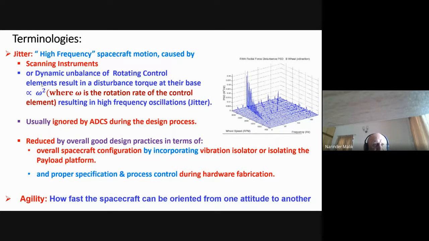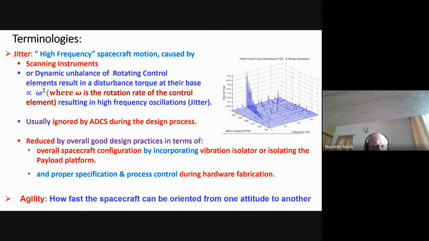It is caused by scanning instruments. The spacecraft may be carrying some kind of scanning instruments for scientific experiments. It may be carrying a scanning mechanism for the VHRR, the very high resolution radiometer, which scans the Earth periodically to take the picture. And it could also be due to the dynamic unbalance of a rotating control element.